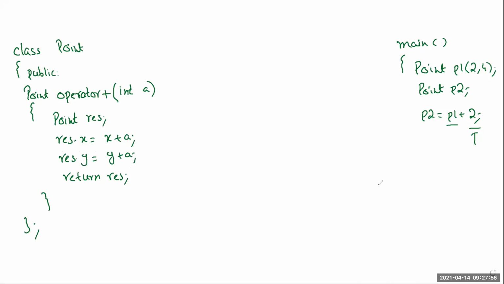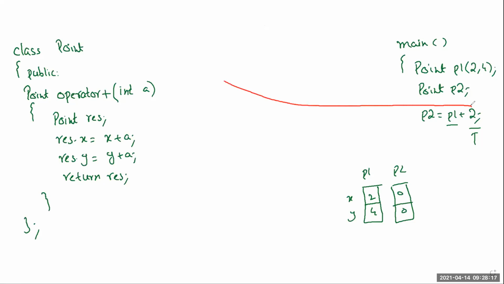So you see, what did we do? We say this was our p1, which is 2, 4. Okay, this is x, this is y. This is our p2, which is 0, 0. Okay, when we call this function, the value 2 is actually passed as an argument, so this 2 actually goes into this a. And when you are writing x and y, they are x and y of p1, because p1 is on the left side.